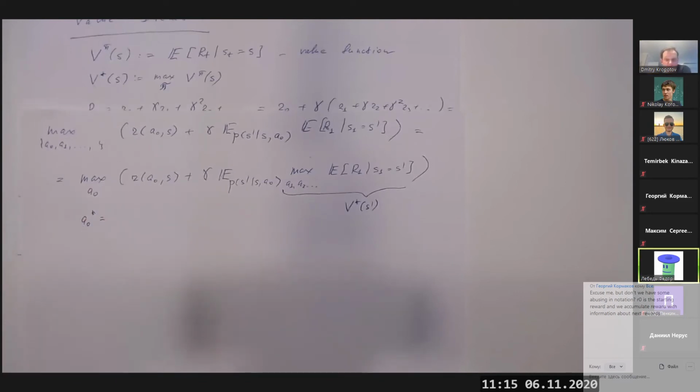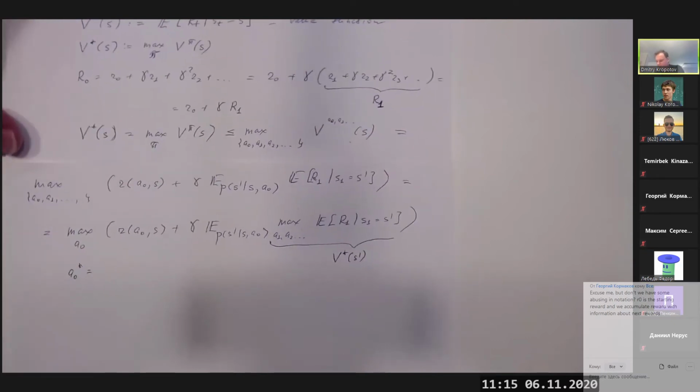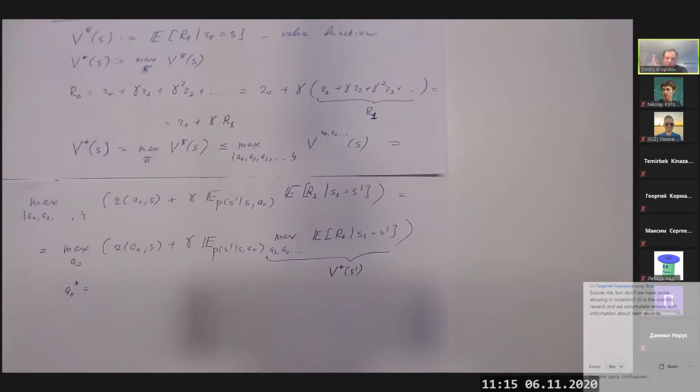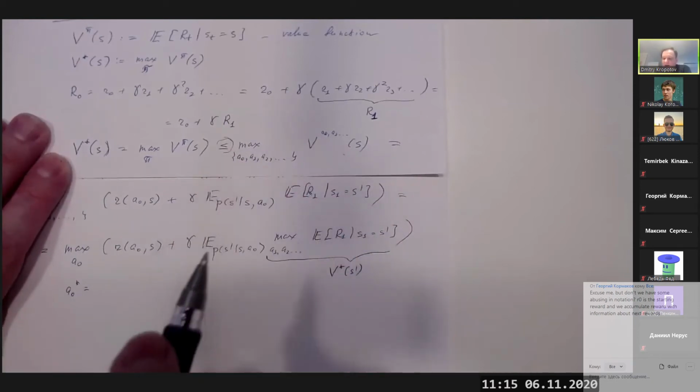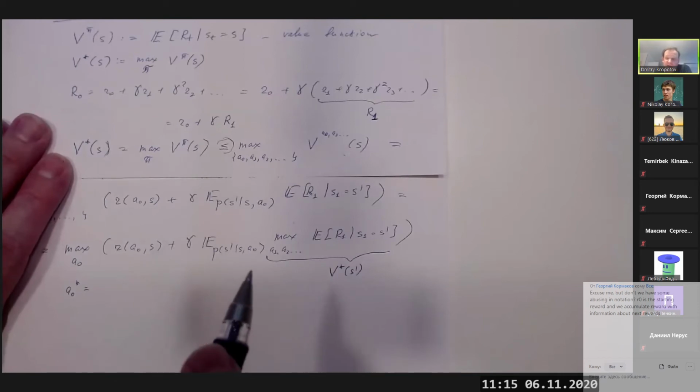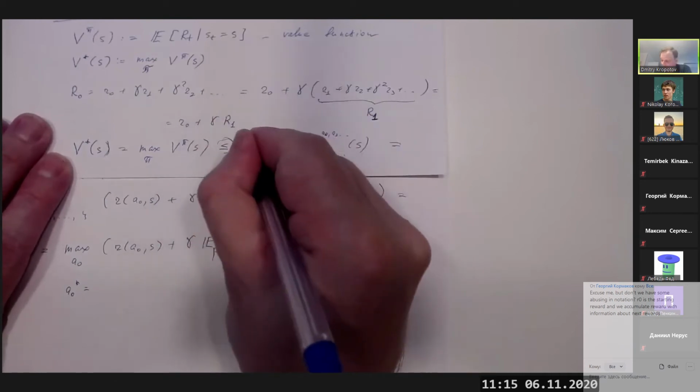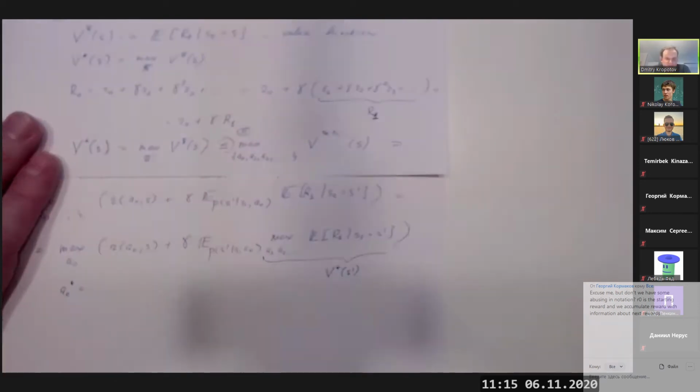Wait, can you comment about the function? The function was a maximum over strategies, but here we have a broader set. Yes, agree. So what I'm trying to prove now is that here we do not have an inequality sign, and this is actually an equality.